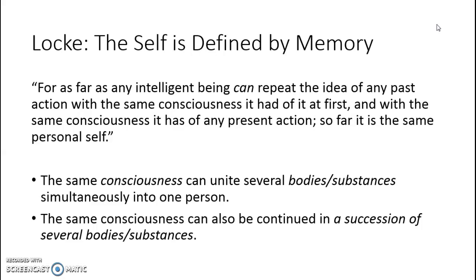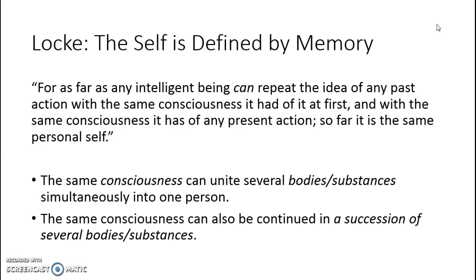And here's another implication. The same consciousness can also be continued in a succession of several bodies or substances. The idea here is that, look, even if my body undergoes changes, I lose all my cells, well, I've got the same consciousness. And so my personal identity is not affected by the change in body parts.